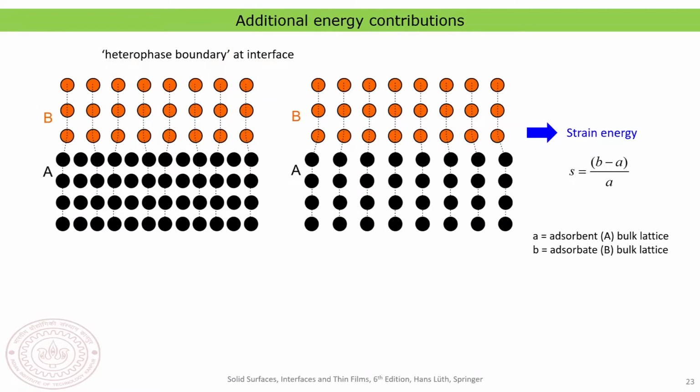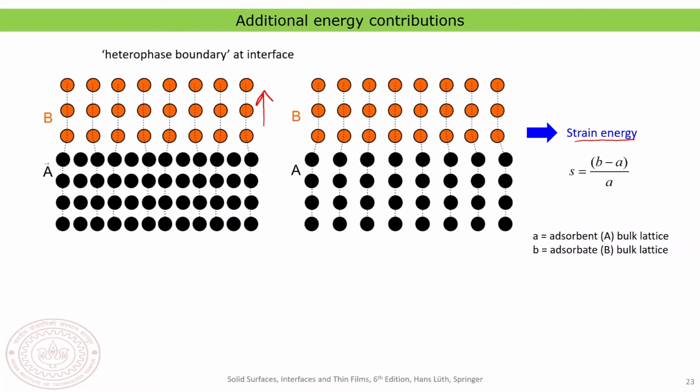Now let us have a look at these energy contributions and their influence on the formation of multi-layers. That means when I grow my adsorbate layer along the z direction, how do these energies, particularly the strain energy formed at the interface, vary as the growth occurs?